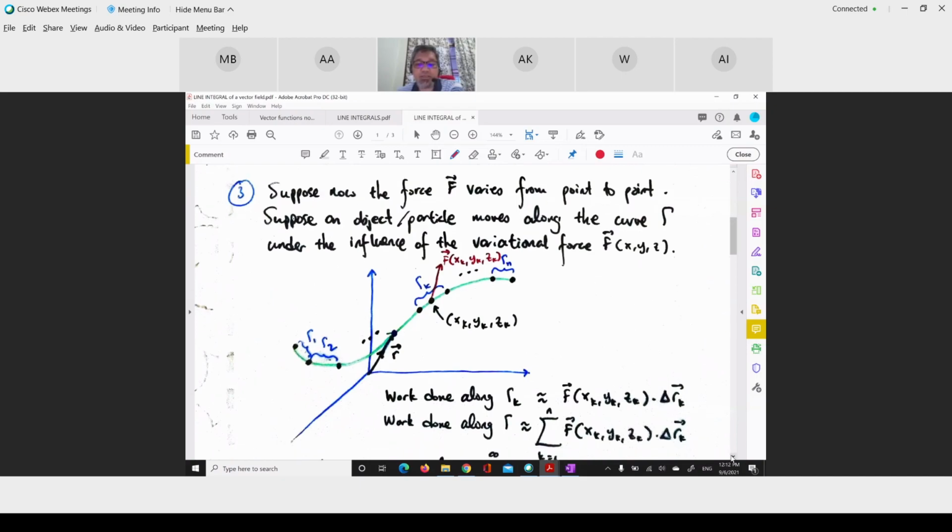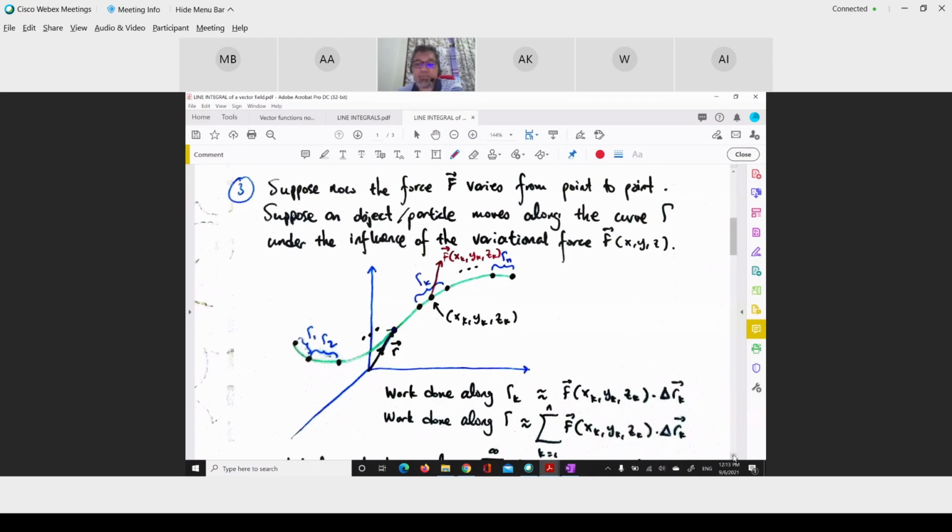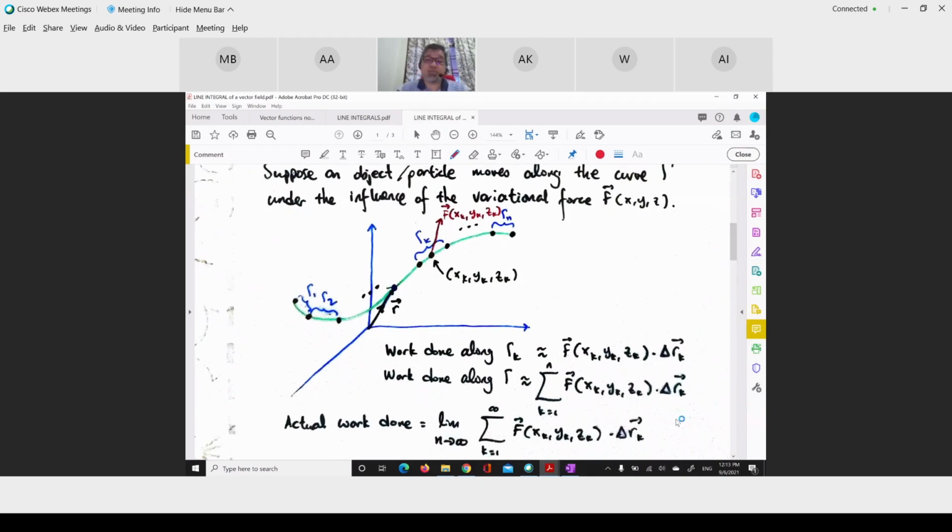I hope you can see why. From this point to this point, there's a displacement of delta rk. Let me explain that a little bit more.